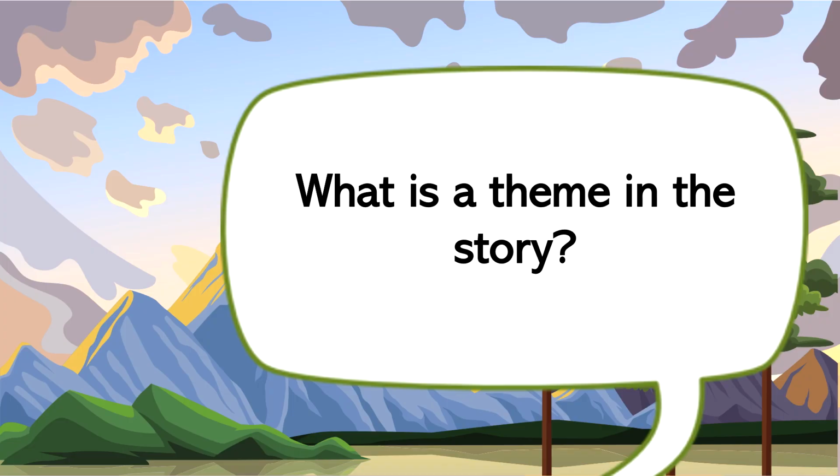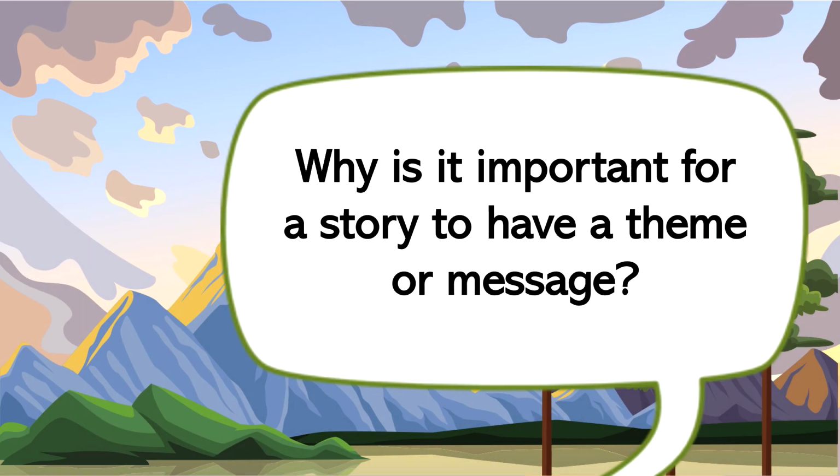The theme of a story is, we are now reviewing, the central message, the big idea, the moral, the lesson of the story. Why is it important for a story to have a theme or message? The theme or message of a story will let you relate or connect to the reader, as it also gives a lesson.